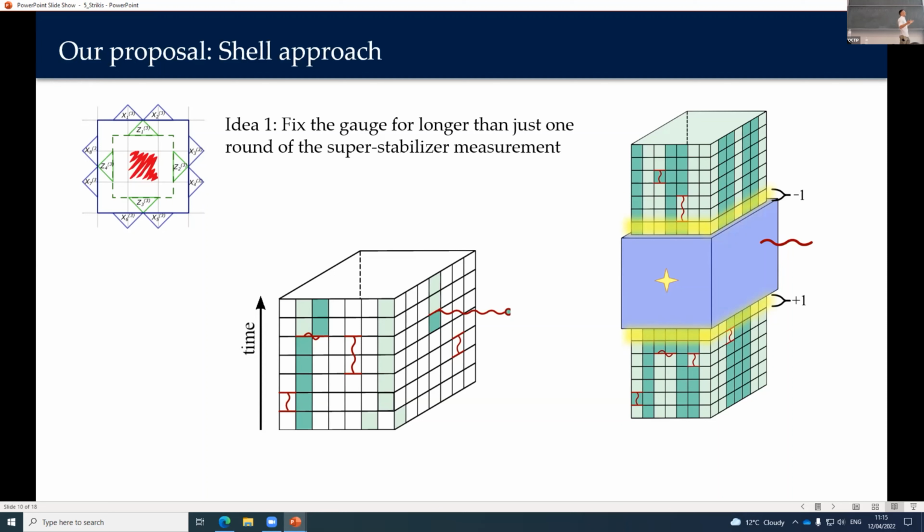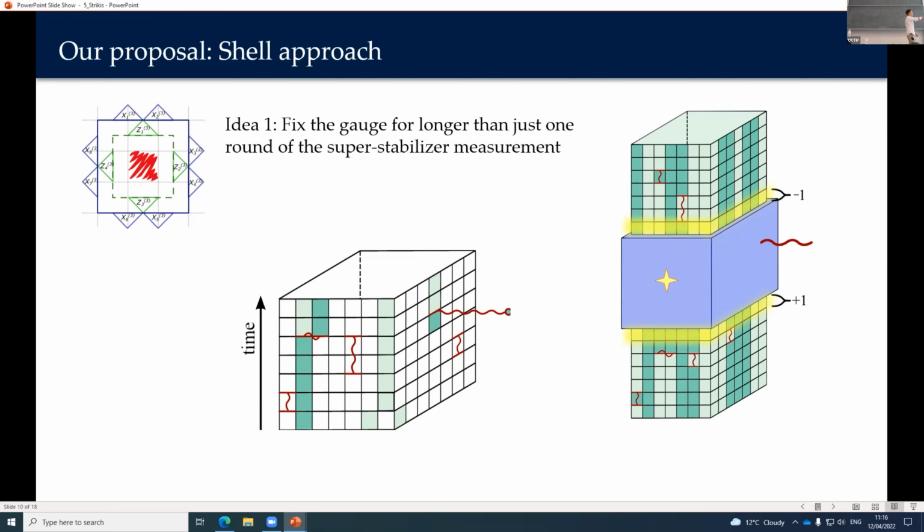What that allows us to do is to find out what the gauge operator values themselves are, because whenever we switch from one gauge to another, we completely randomize these values, because these are non-commuting operators. But if we just measure in the Z gauge for multiple rounds, we sacrifice the fact that we don't know for a long time what the X superstabilizer value is, because we are not measuring it for a long time. But we can infer the values of the gauge operators themselves.